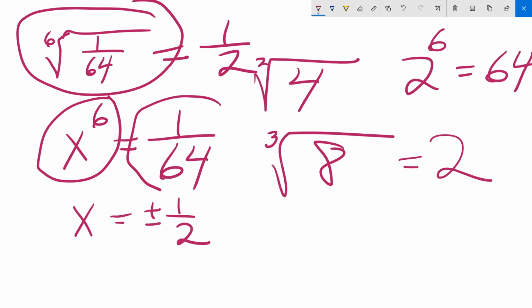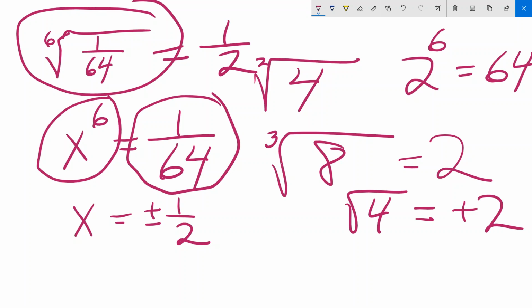Whenever you're taking an even root of a number in an equation, your answer always needs to begin with plus or minus. It's a subtle distinction. If I say the square root of 4, that absolutely means positive 2.